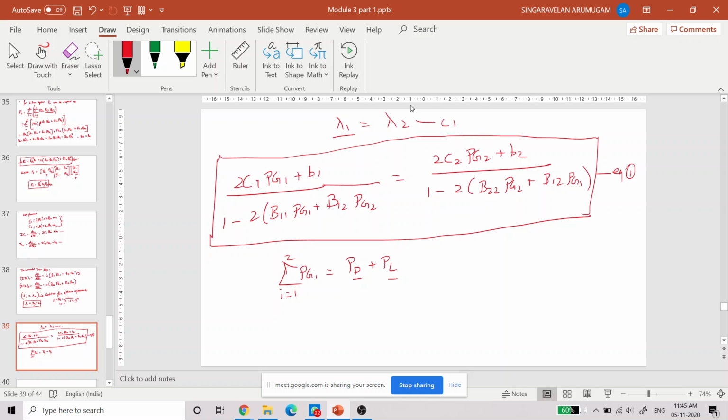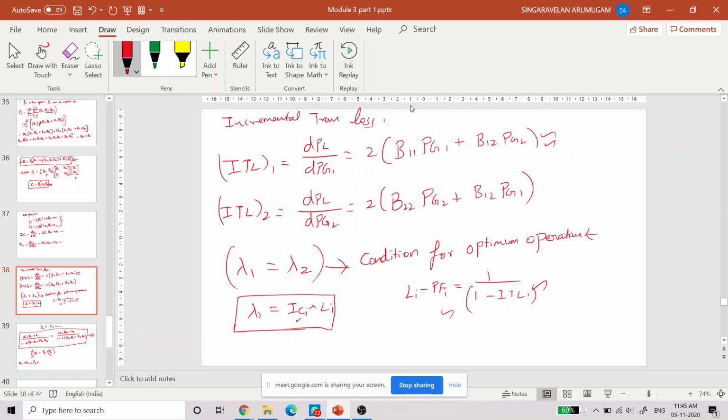We have two generators here, so I will write PG1 plus PG2 must be equal to the demand required plus PL. What is the PL equation? The PL equation is here.